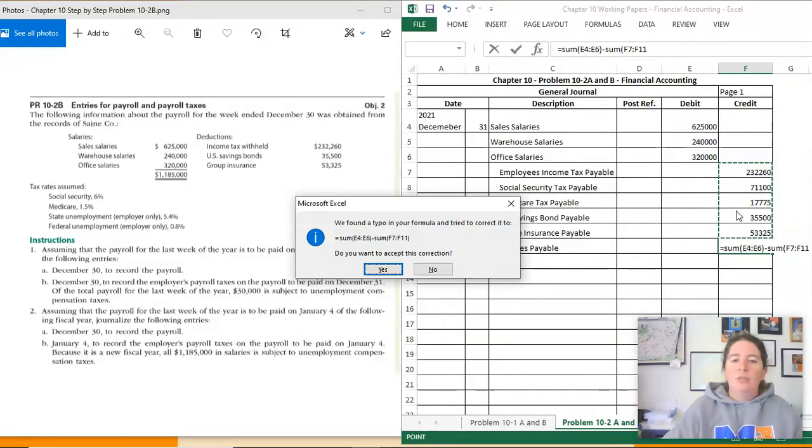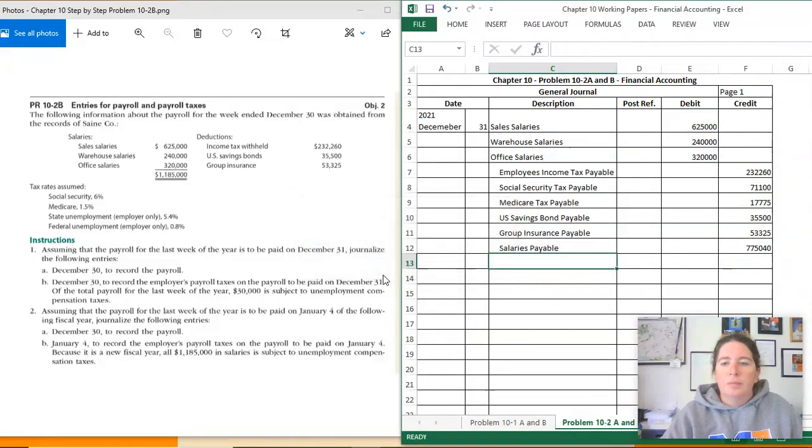Oh, I forgot some parentheses in here. Okay. That is going to give me my total, which is $775,040. So that is the amount that's going to go in my salaries payable account. That's the amount that I need to pay to my employees.